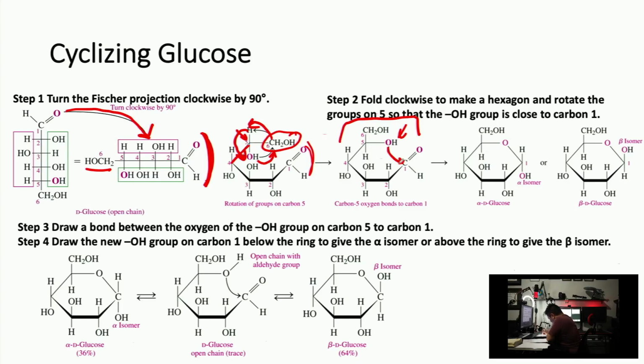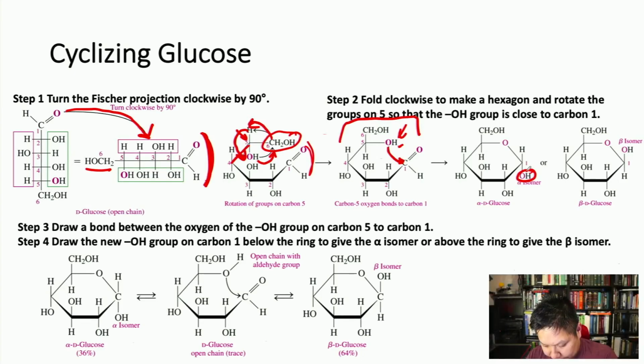Then this hydrogen left over here goes into forming the hydroxyl that's right there. And then the H was already there before. So if the hydroxyl ends up pointing down, recall, it's an alpha isomer. If the hydroxyl that was made is pointing upwards, then it's a beta isomer, right?